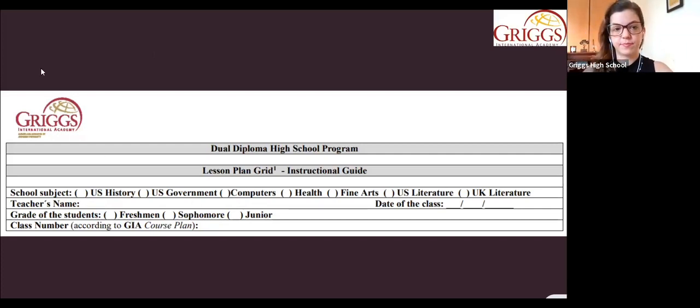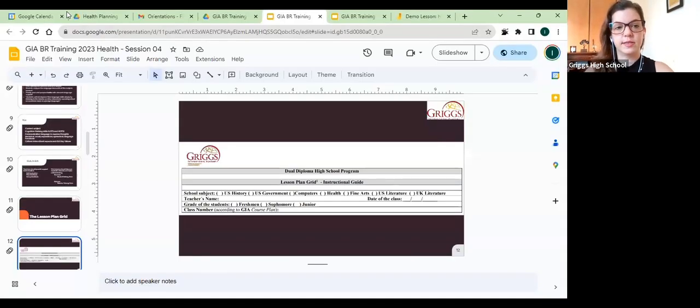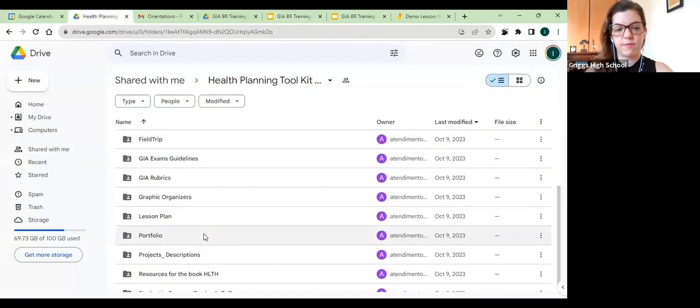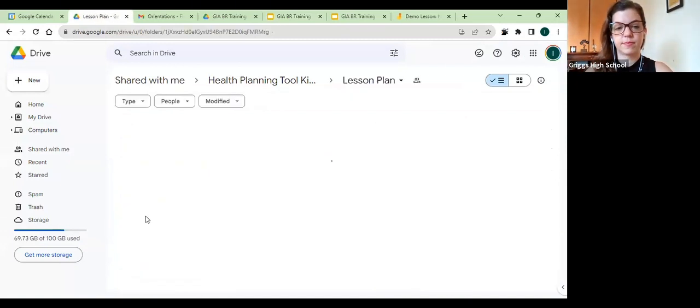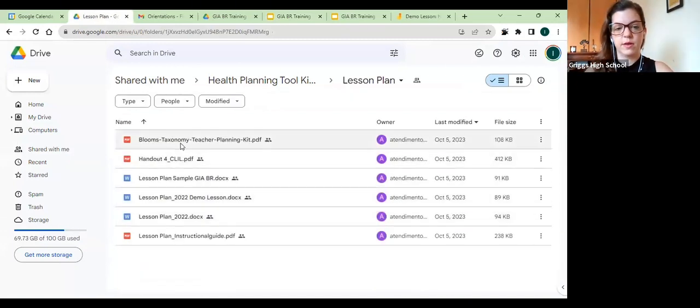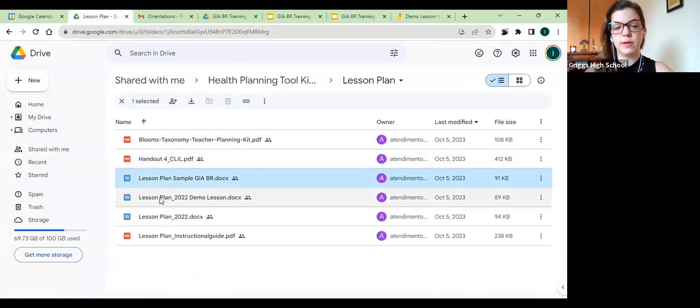And then, where do you find the lesson plan? It's in the planning toolkit folder, lesson plan. You have the Bloom's taxonomy, you have the handout about the 4 C's, which is mostly what I just talked about. Then you have 2 lesson plan samples.